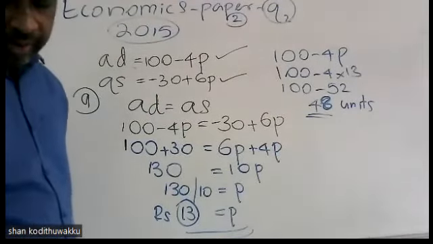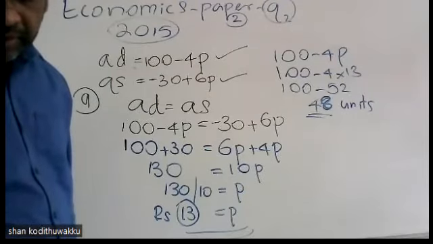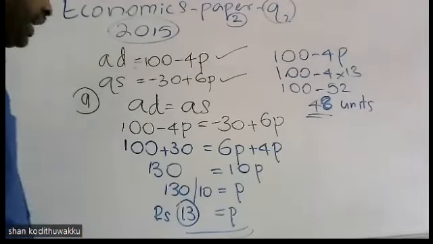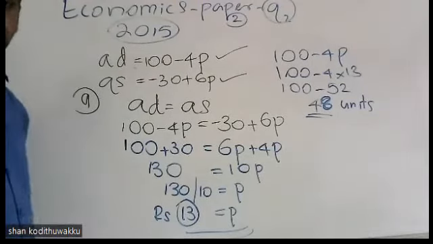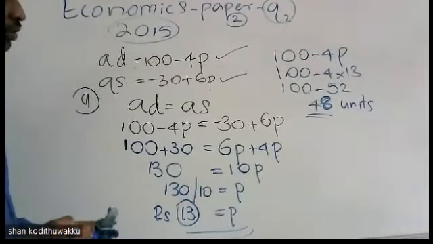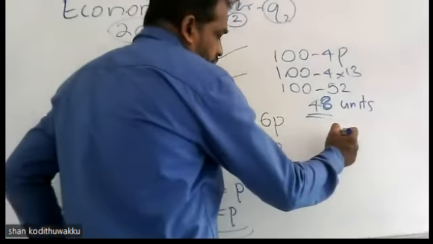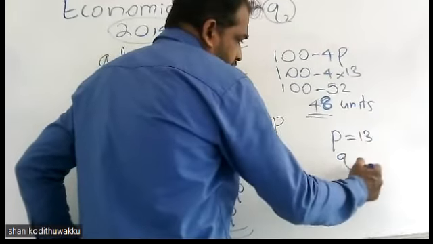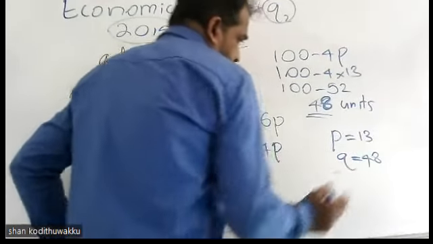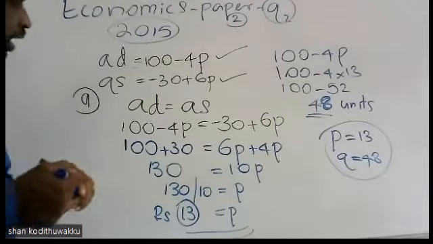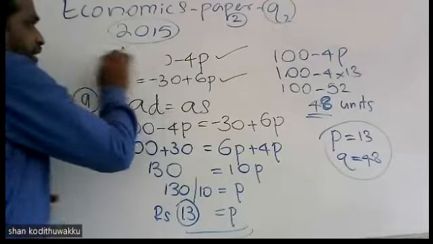You are asked to calculate the equilibrium price and quantity using the equation and show this equilibrium accurately on a graph. Then you can write here P equal 13, Q equal 48. Those are the two answers we found by using these given details.